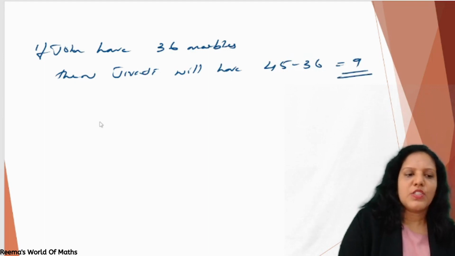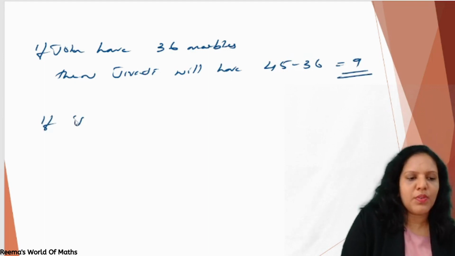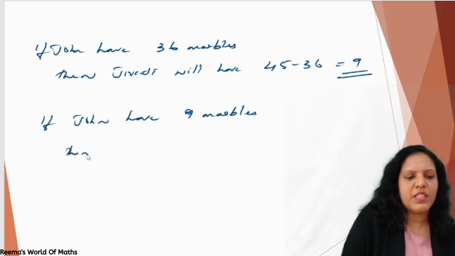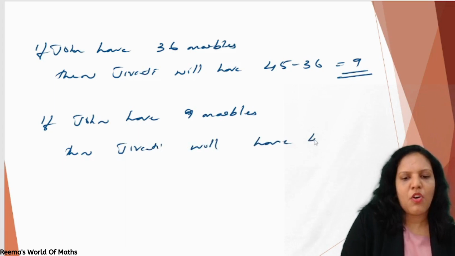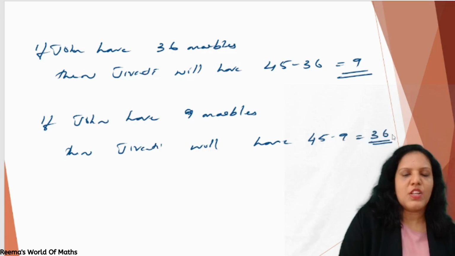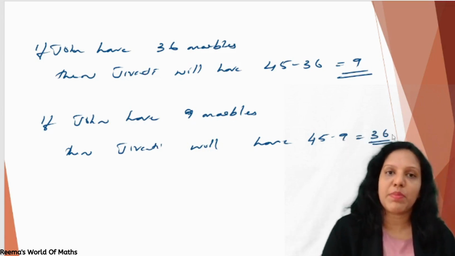Correct? And if John has 9 marbles, then Jivanti will have 45 minus 9, which is 36. So X is the marbles with John.